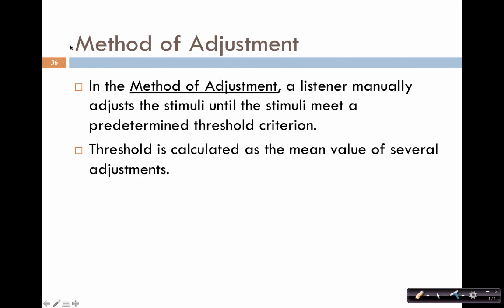There's a third psychometric procedure called the method of adjustment. In the method of adjustment, the listener controls the stimulus until they hear it or they don't. And at this point, the threshold is taken as the mean value of several adjustments. In a sense, it's sort of like an automatic kind of procedure.